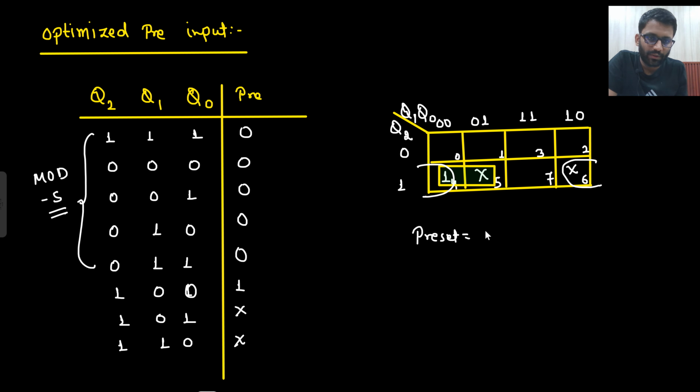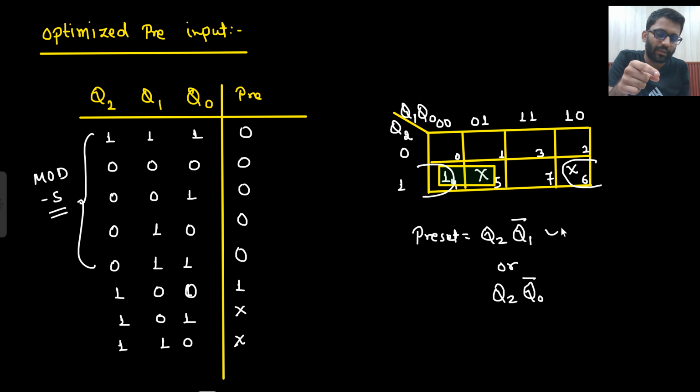So here Q2 is constant, and what else is constant? Q1 bar is constant. And in this one, here Q0 bar is constant.